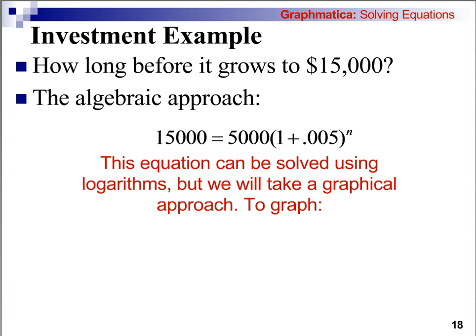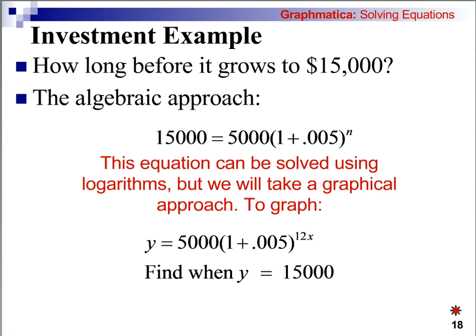Those of you who have seen logarithms can go back and review on your own, but we're going to take a graphical approach. And what that means is we're going to have to enter this equation into the graphing software and then find when the y value is 15,000. So the equation that we're going to be using looks like this. It's going to be y equals 5,000 times the quantity 1 plus 0.005, raised to the power of 12x.